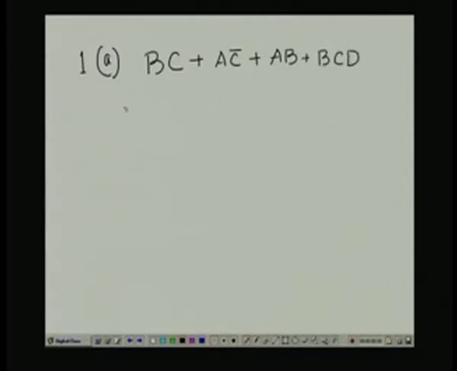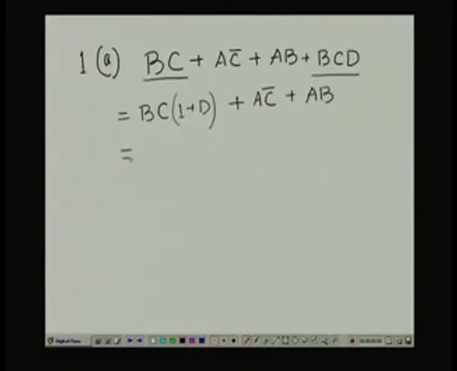Now, if we take BC and BCD, BC common, then it will be 1 plus D, and we keep AC bar and AB as they are, because no literals are common between these terms.